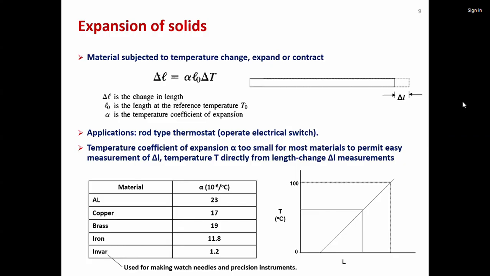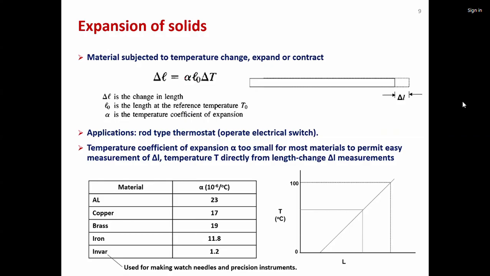So you can express the change in length delta L as alpha into L naught into delta T. Here L naught is the original length of the rod, and delta T is the temperature rise. Alpha is known as the temperature coefficient of expansion. Okay, so this is basically a material property.